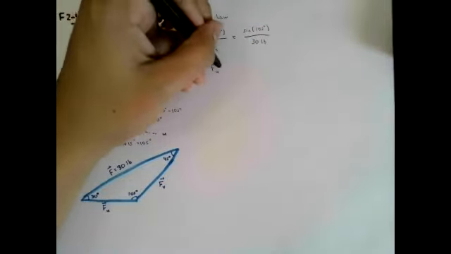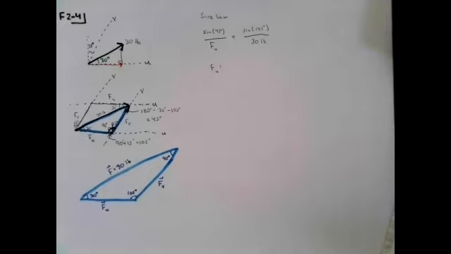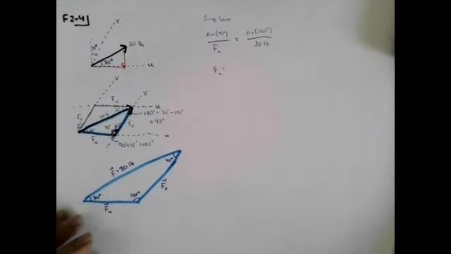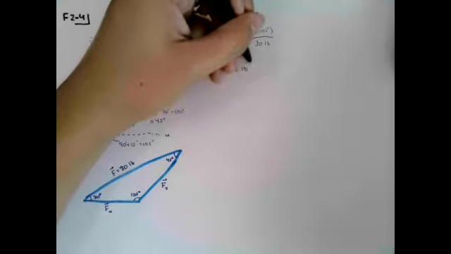If I take this equation, notice that I only have one unknown, and that is f sub u. So I can solve for f sub u. And what is that number? It is 22 pounds. Okay, so we have 22 pounds.